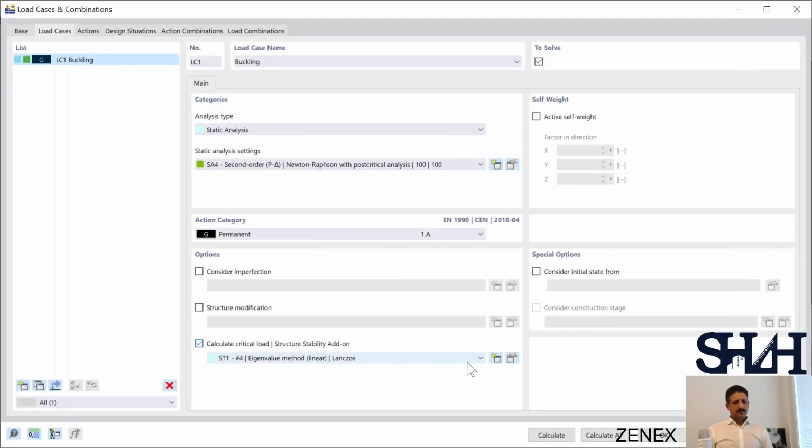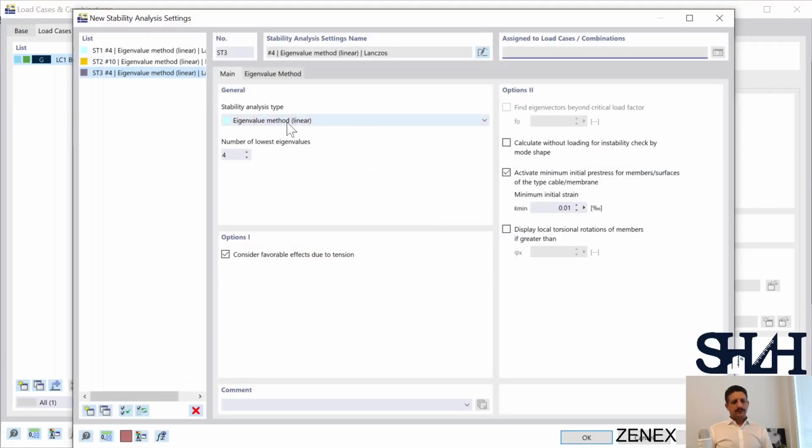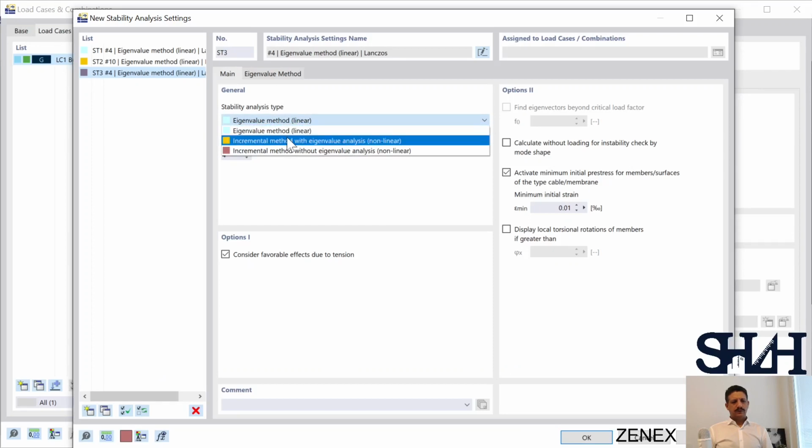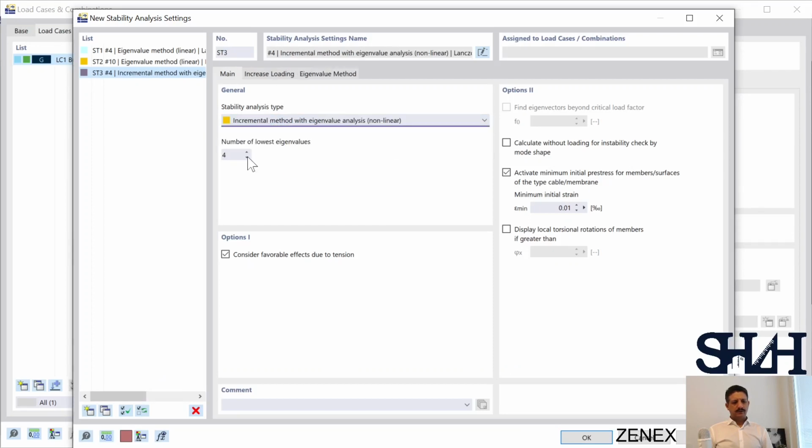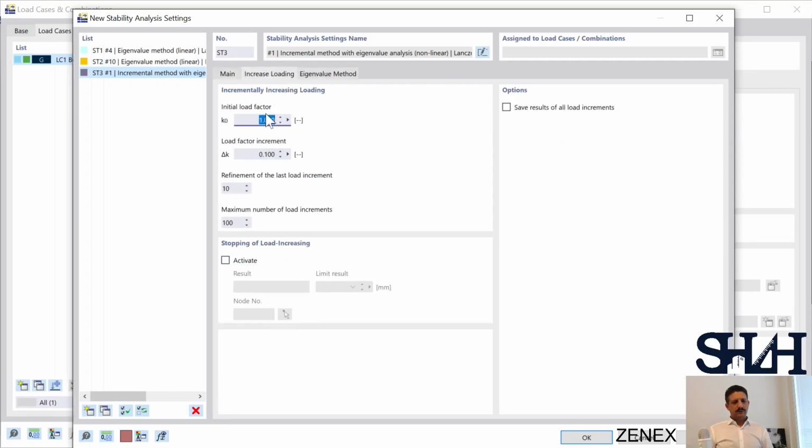Also, we are going to use a structural stability analysis. We need it. So here we can go with the increment method. 1 would be fine. And so here we can start with the initial factor of 0.1 and increment of 0.1.